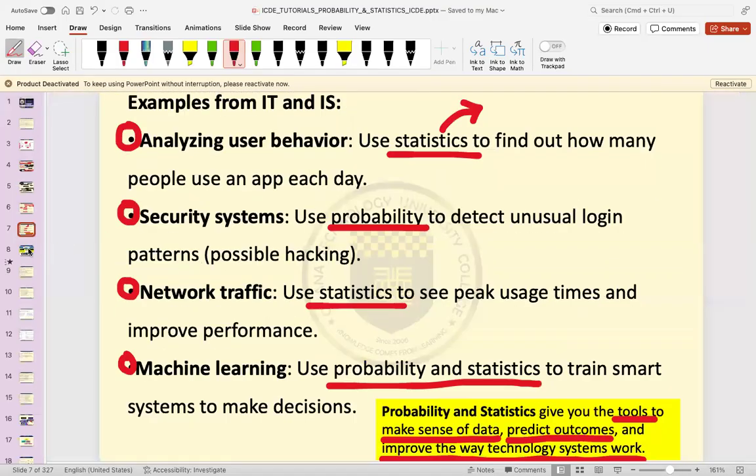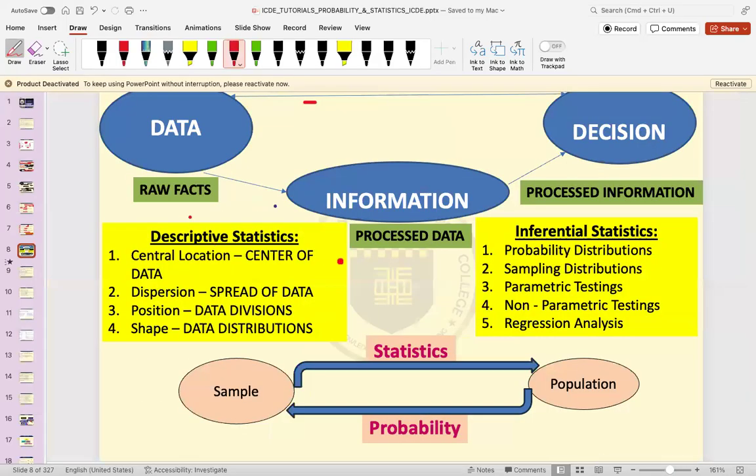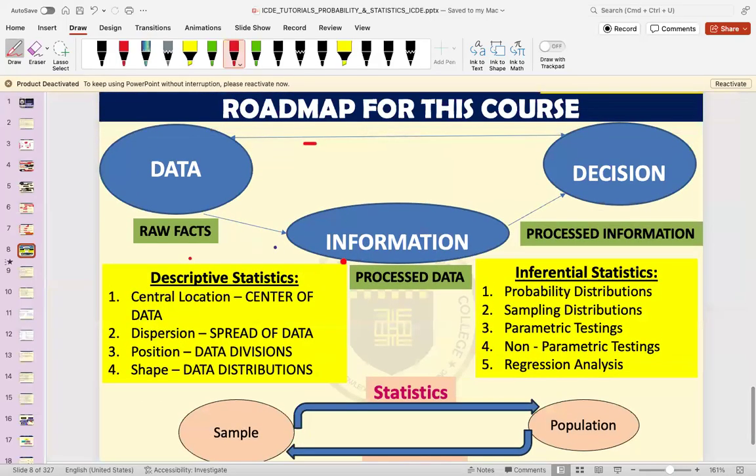So since today is introductory, let me then show you our plan, which I call the roadmap for the course. The roadmap for the course shows us where we are starting from, how we are moving, and then where we are getting to, which is very, very important.